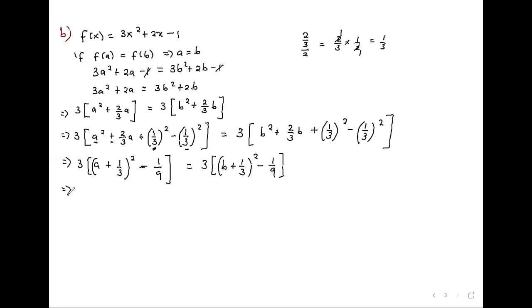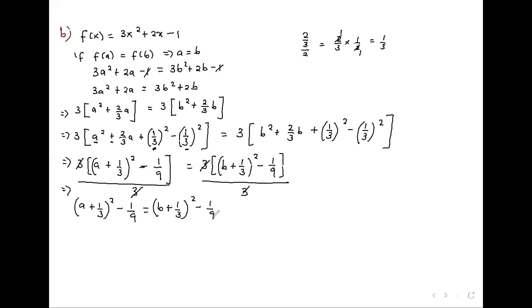Then we now expand. Instead of expanding, since these are equations, you can divide by 3 and divide by 3. So that this 3 can cancel, this 3 can cancel, and then remain with a plus 1 over 3 squared minus 1 over 9 is equal to b plus 1 over 3 squared minus 1 over 9.